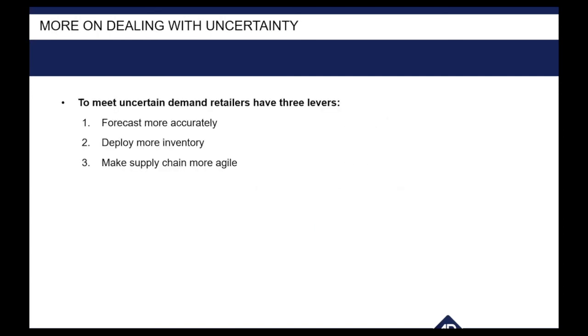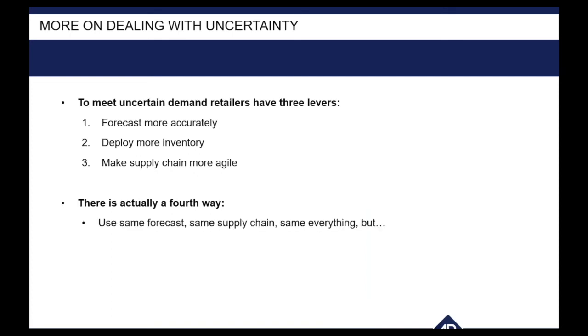So these are the three traditional levers that retailers have to try to achieve that balance: forecast more accurately, deploy more inventory, or make the supply chain more agile. There is actually a fourth way. We like to call it the 4R way, of course, which is to use possibly the same forecast, the same supply chain, the same everything, but to make better decisions.